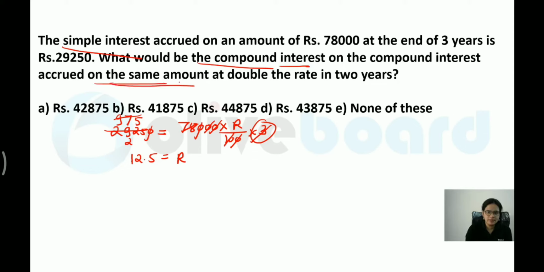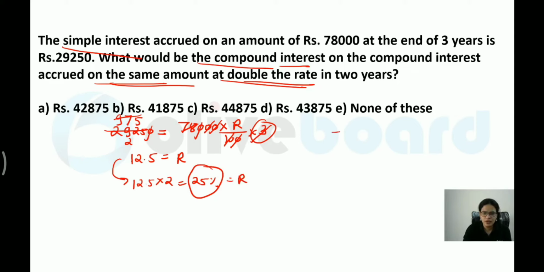So my principal value is 78,000. Double the rate. Okay, so rate of interest new value would be 12.5 into 2. So what would be the rate of interest? 25% would be the rate of interest over here. So they are asking you what would be the compound interest in 2 years over here. So the years would be 2 years and you have to calculate the compound interest. Now again you can use the tree diagram. 78,000 is known.